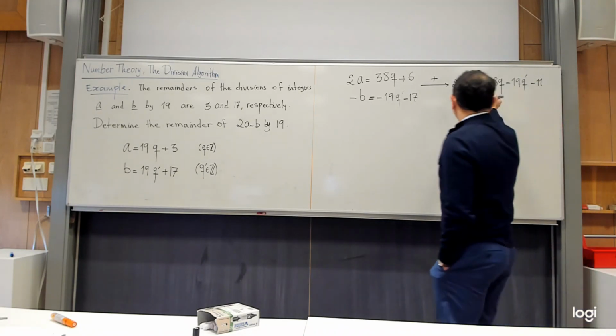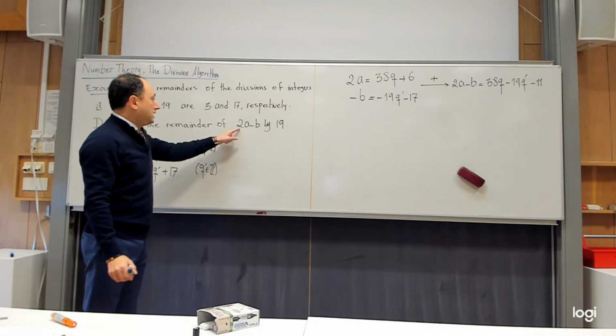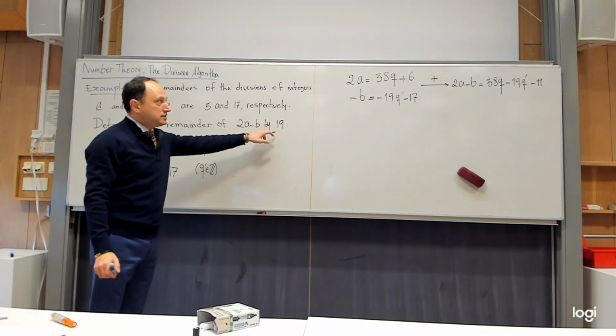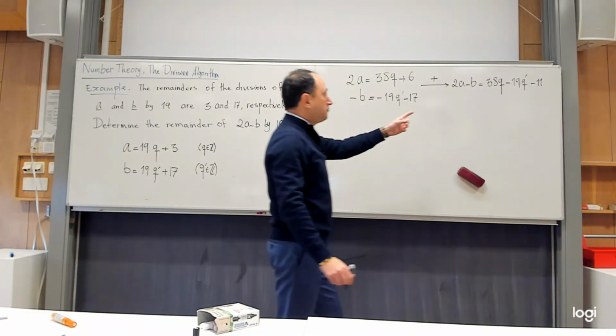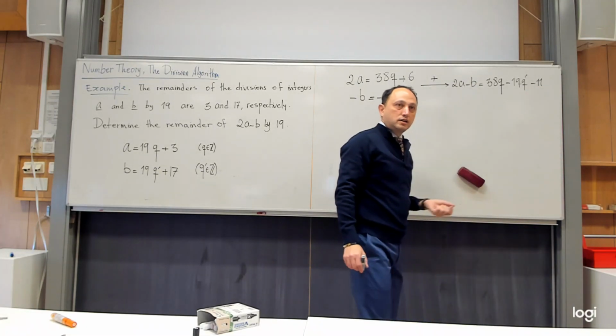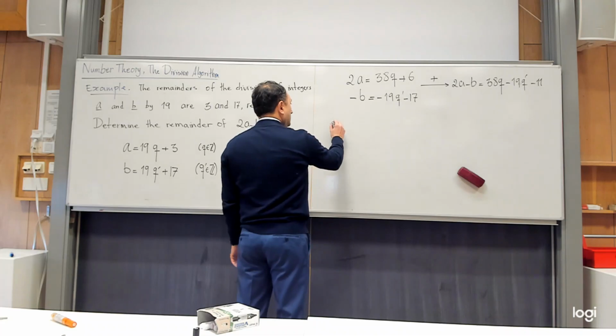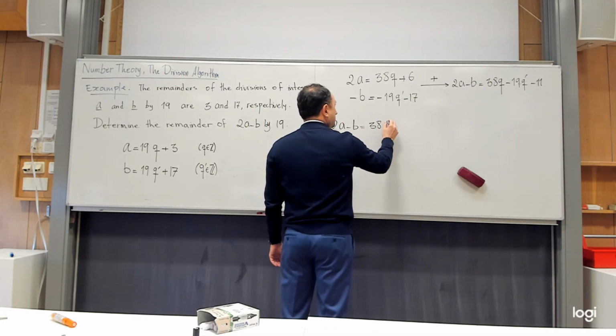Of course, I can factor a 19 out because still my goal is to find the remainder of this by 19. So I should have a factor of 19. But the point is that minus 11 is not acceptable for me as the remainder. So I need to adjust it. And that is not hard, yes? Can you tell me what should I do? So I will copy and paste the first two terms.